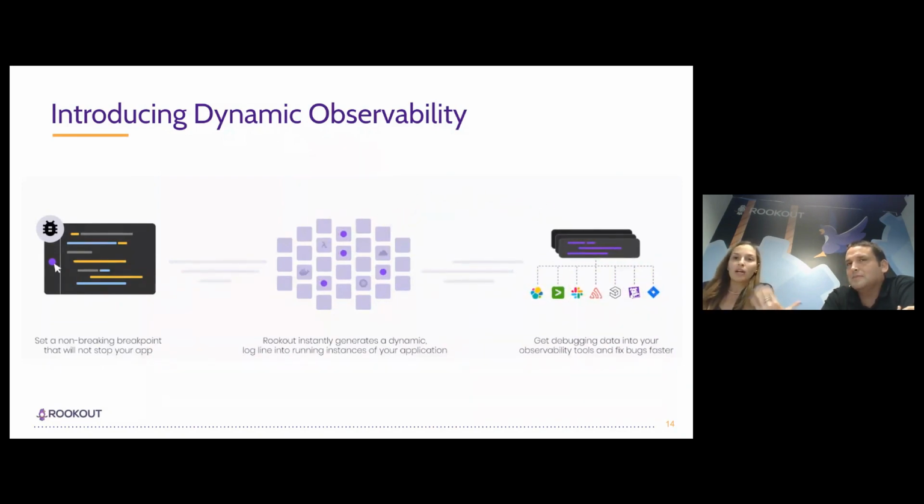No matter where you are and how your application is built, and I don't care what language you use, it's really agnostic to that. And immediately I get the data that I need. I can get my traces, logs, I can get a debug snapshot. And while having that, I can pipeline it to whatever observability tool that I have. And this is truly powerful.